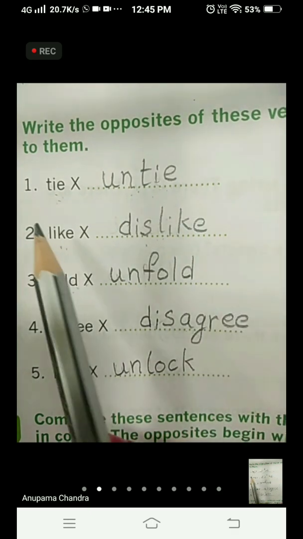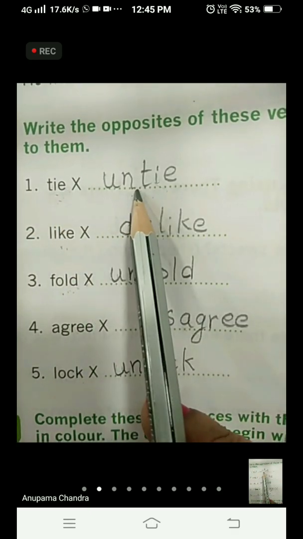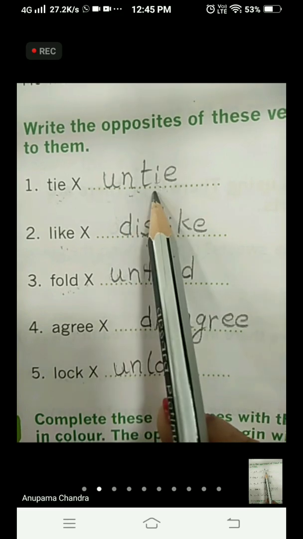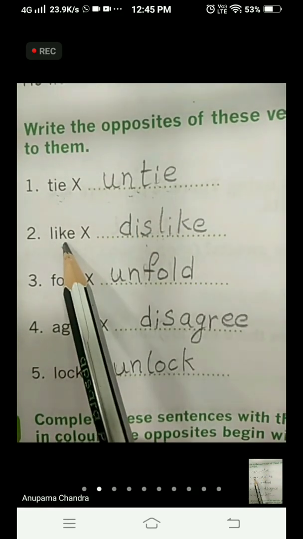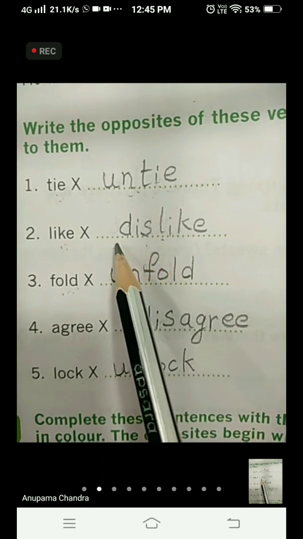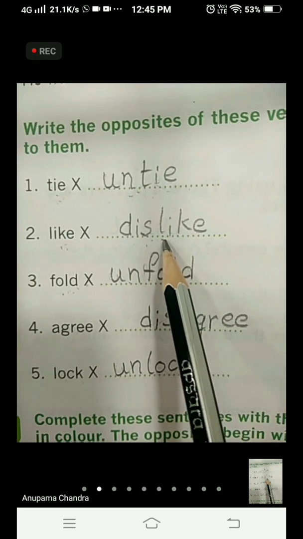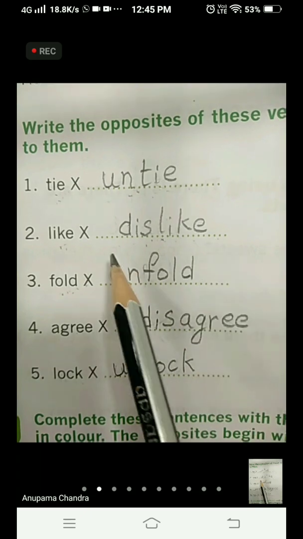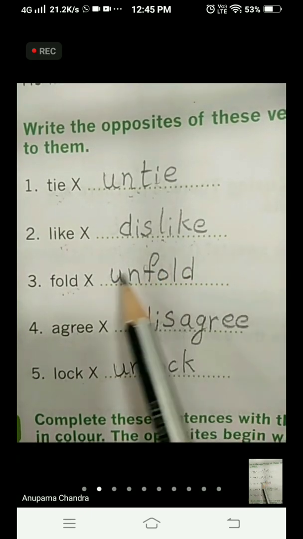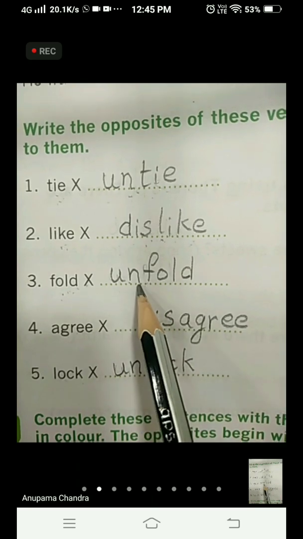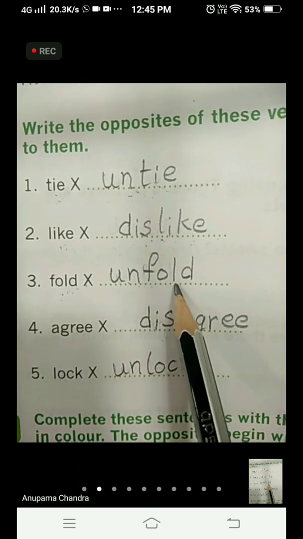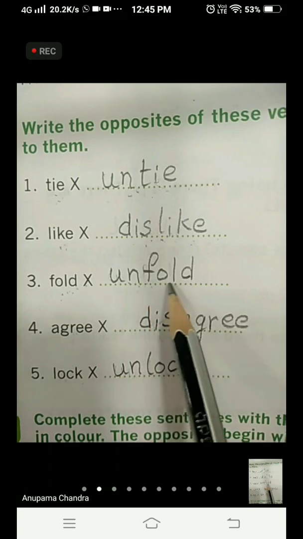I repeat children, tie, untie, un, T-I-E, tie, untie. Like, dislike, D-I-S, dis, L-I-K-E, like, dislike. Fold, unfold, un, F-O-L-D, fold, unfold.